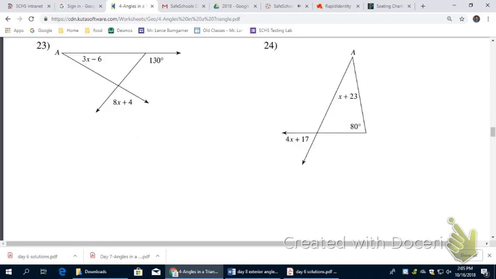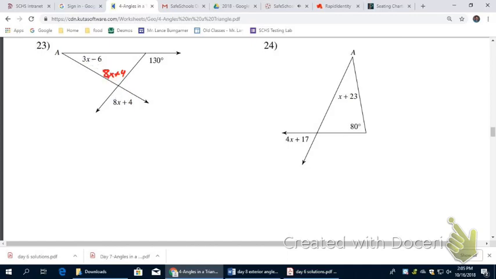Now I did also go over number 23, and then I also set up number 24. On number 23, I would move the 8x plus 4 into the triangle using vertical angles. Now I would know that the 130 is an exterior angle, so it's going to equal the sum of the remote interior angles, which are 3x minus 6 and 8x plus 4.